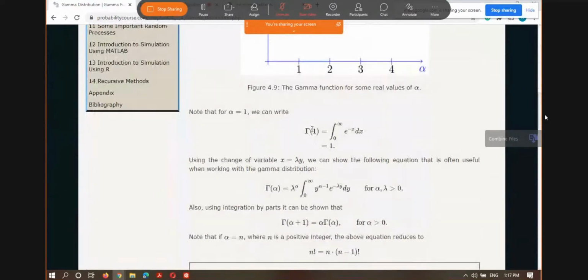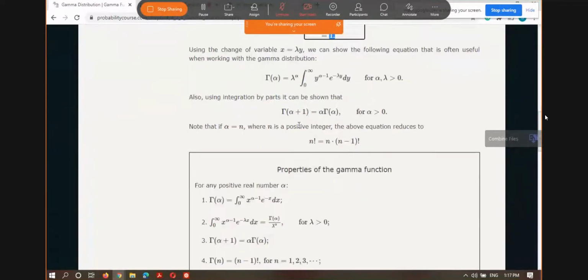And there you have also learned that gamma 1 has value 1, and if alpha is any real number greater than 0, then gamma alpha plus 1 can be written as alpha into gamma alpha. And if it is a positive integer, then in fact gamma n plus 1 equals n factorial.